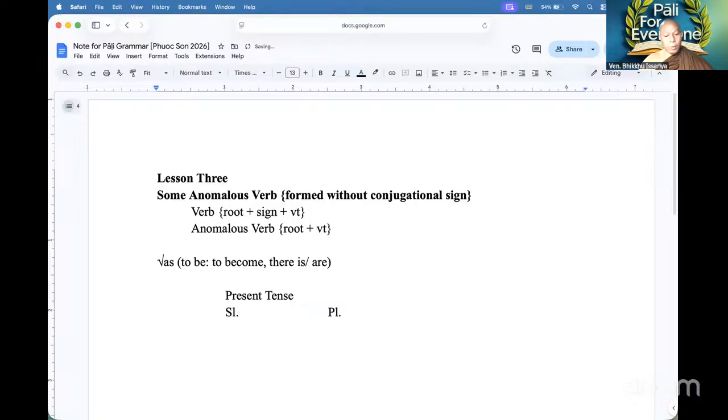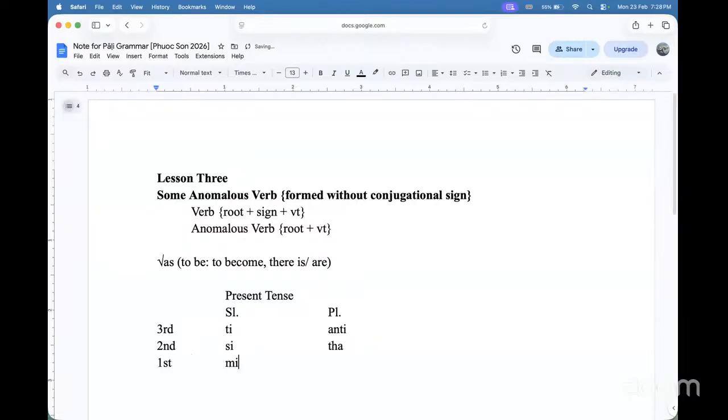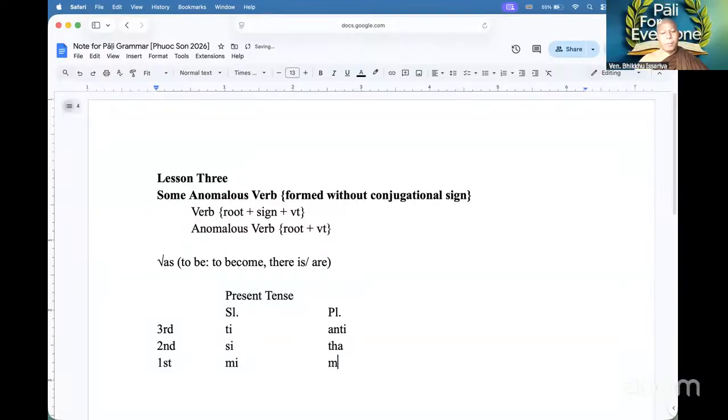So, okay, now third person, ti, and then nti, and the second person, si, and the tha, and now first person, mi, and the ma.